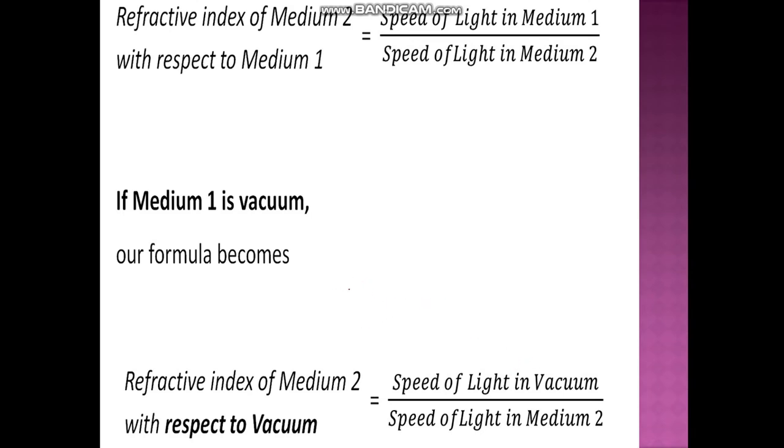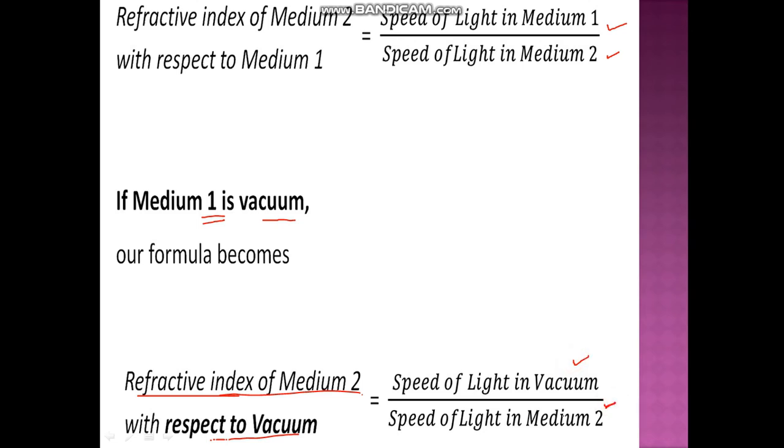Now we know that the refractive index of medium 2 with respect to medium 1 is equal to speed of light in medium 1 upon speed of light in medium 2. Suppose the first medium is vacuum, then what will the formula change to? It will be refractive index of medium 2 with respect to vacuum equal to speed of light in vacuum upon speed of light in medium 2.